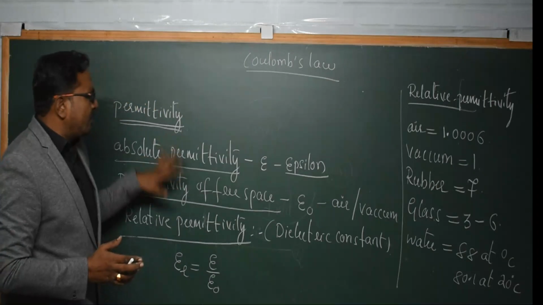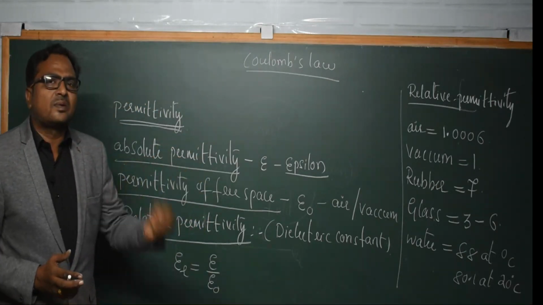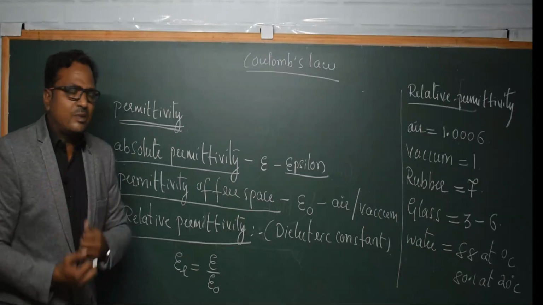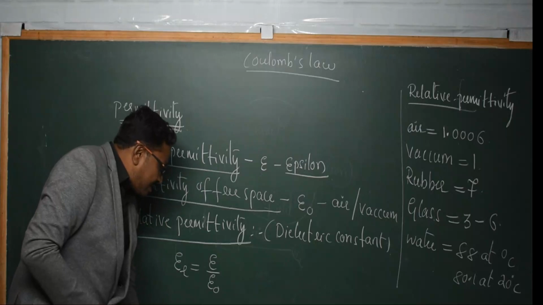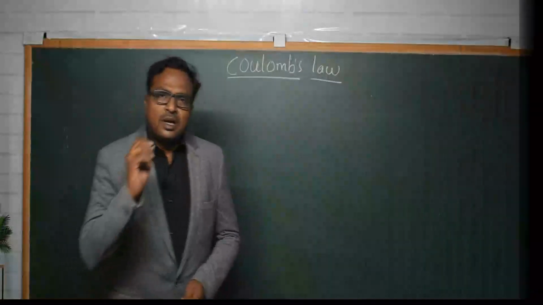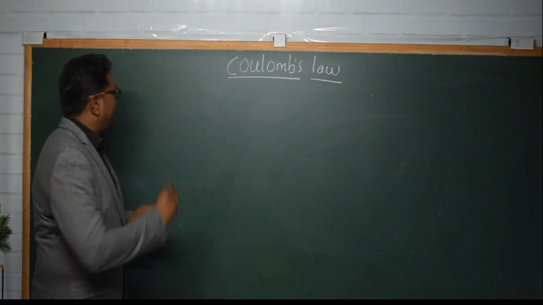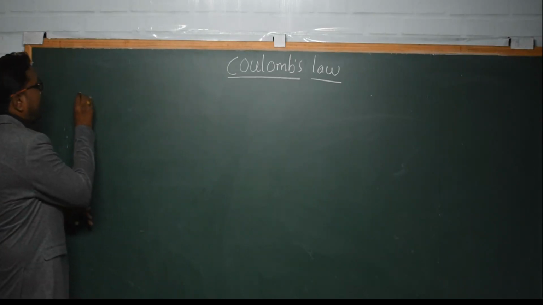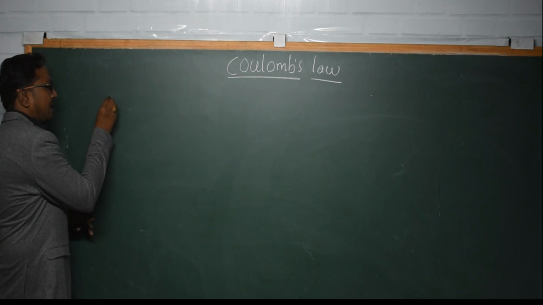These are the few definitions which are required to understand Coulomb's law, because we are using these constants. So let's start with Coulomb's law. First we will write down the two charges.